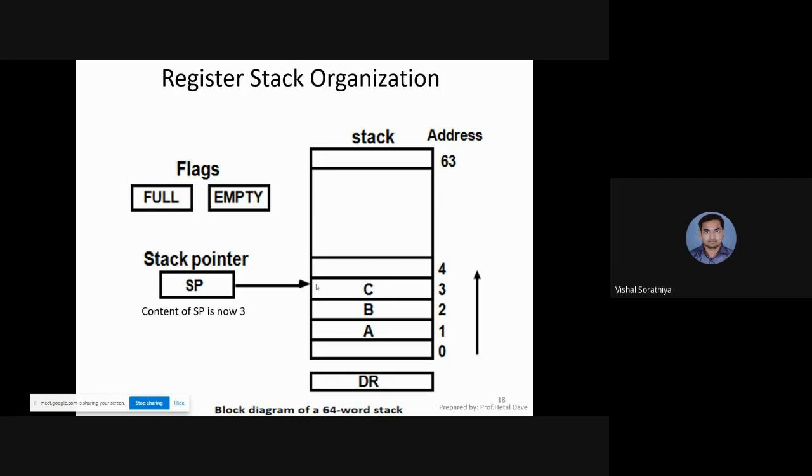Whenever you give an enable to that tri-state buffer, the data stored by the flip-flops is given to your data register. So the stack pointer indicates the location where you need to start accessing the data. Whenever the stack pointer points somewhere, its tri-state buffer is enabled and data is either loaded or stored.